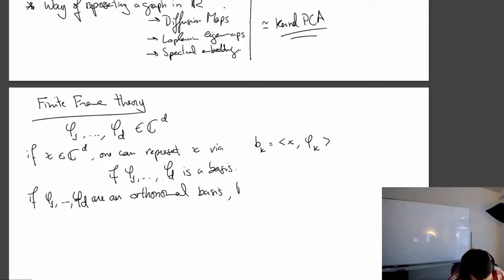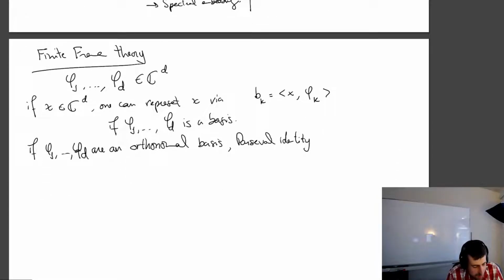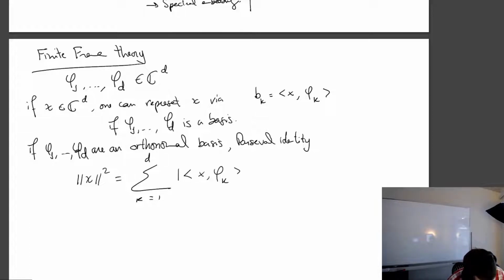We have what's called a Parseval identity, which is that the norm of x squared is the same as the sum of the squares of these b_k's, with k from 1 to d.